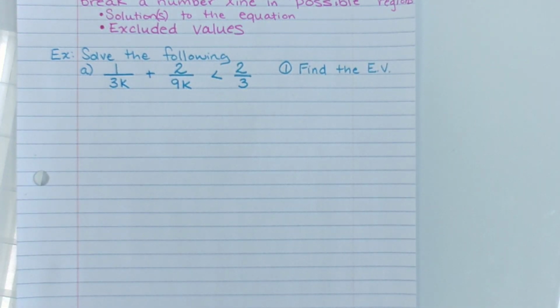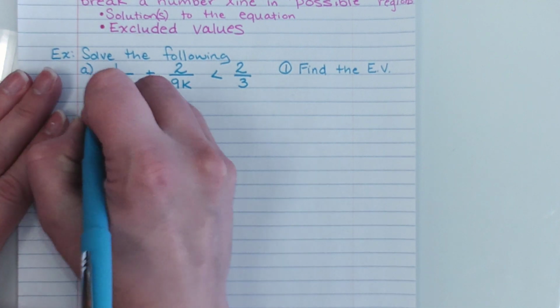Now, excluded values, it's been a bit since we talked about them in depth. How do we find them again? Taking a number, setting it equal to 0. I heard not just any number equal to 0, and I heard some other mumblings. Denominator. Set the denominator equal to 0.